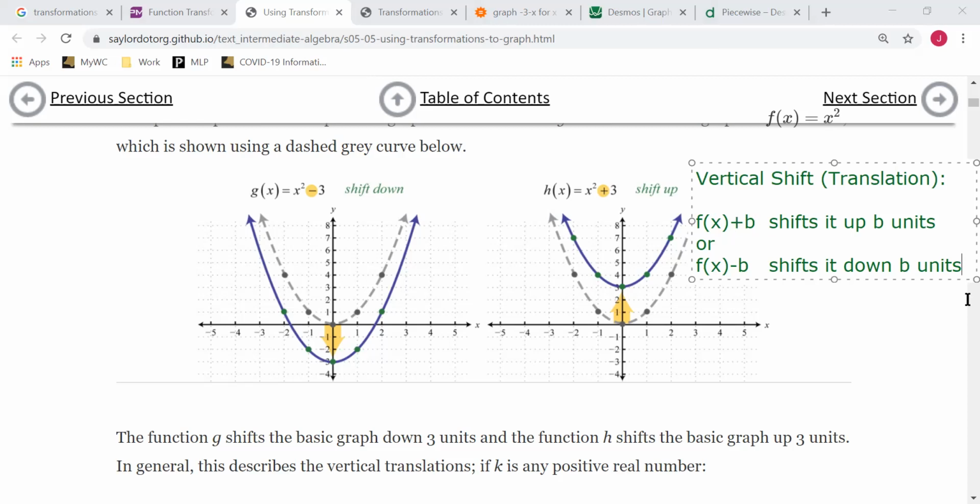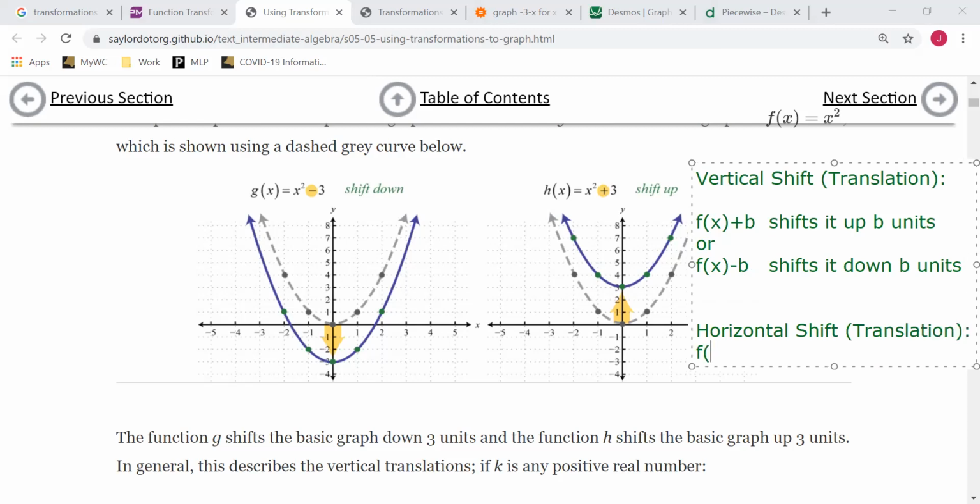What we're going to see is that a horizontal shift or translation works a little differently. You take the function, but you actually do something to the x. You let the change happen on the ground floor with the x first. Then you apply the function outside of it.